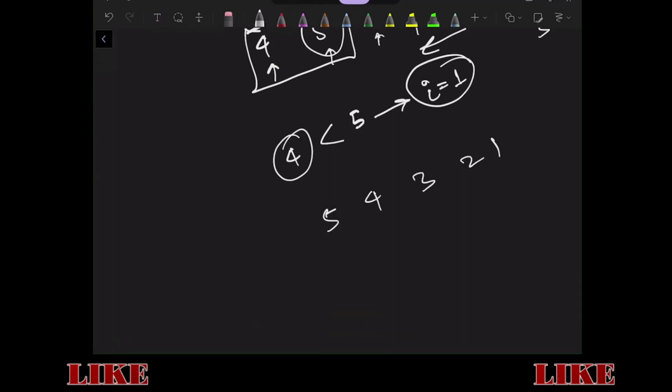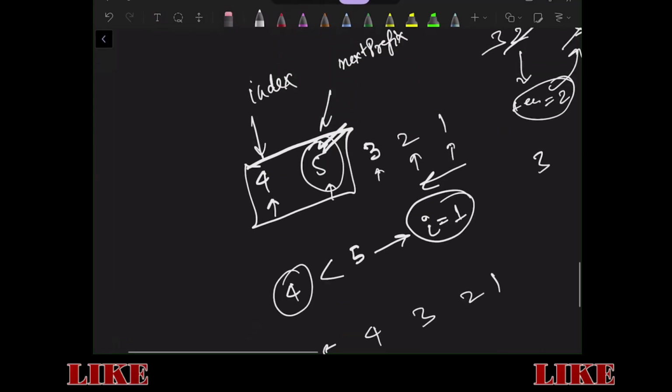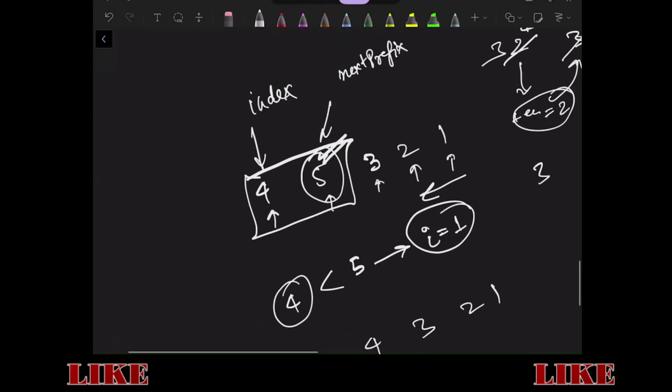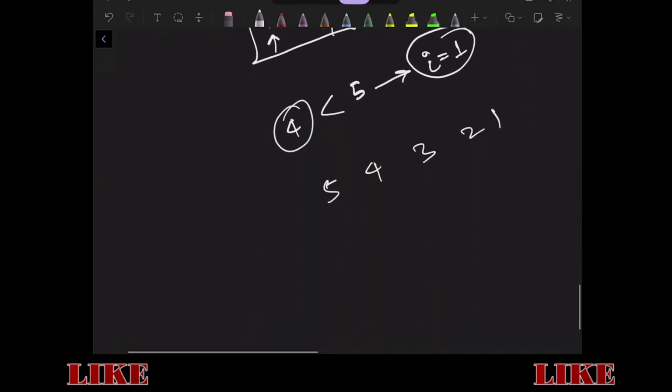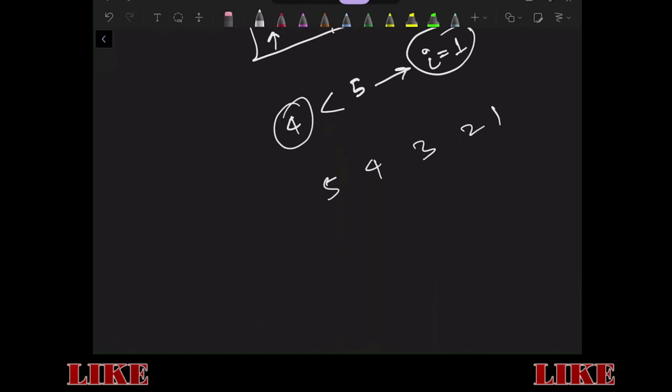Now what we are going to do is from pivot plus 1. Pivot was 0, or the index was 0. So from 0 plus 1, that is from 1, we will start, and till the last we are going to reverse the suffix.